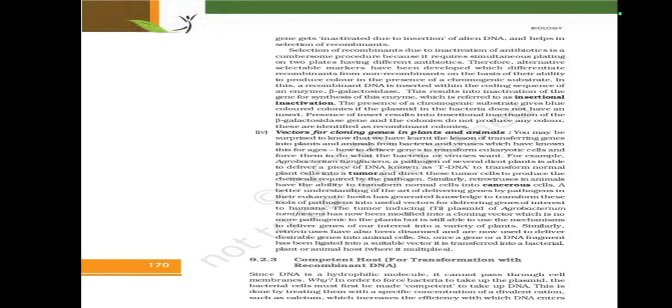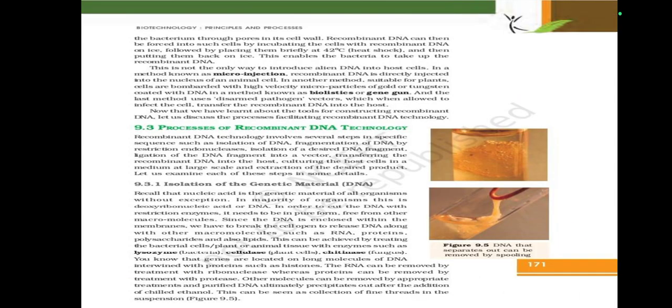9.2.3 Competent host for transformation with recombinant DNA. Since DNA is a hydrophilic molecule, it cannot pass through cell membranes. In order to force bacteria to take up the plasmid, the bacterial cells must first be made competent to take up DNA. This is done by treating them with a specific concentration of a divalent cation such as calcium, which increases the efficiency with which DNA enters the bacterium through pores in its cell wall.